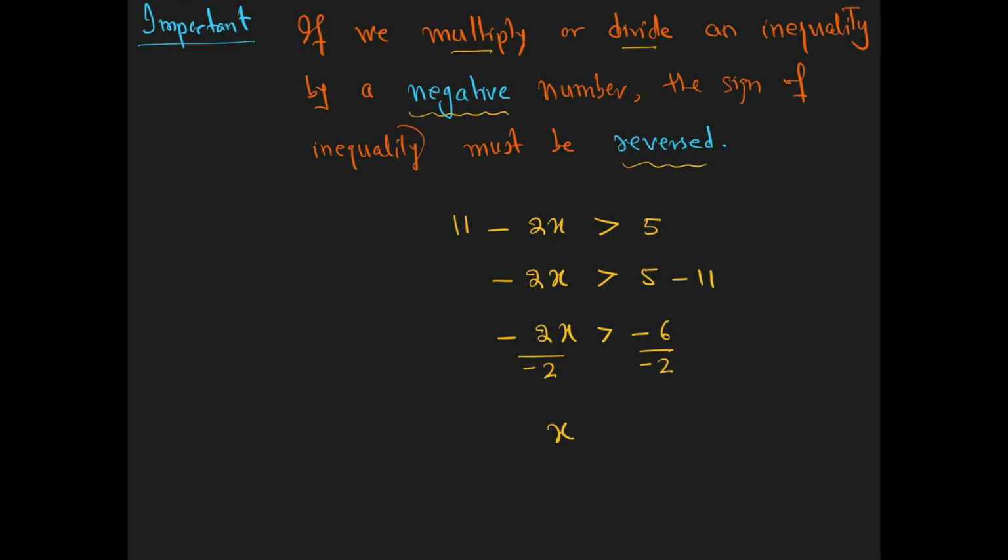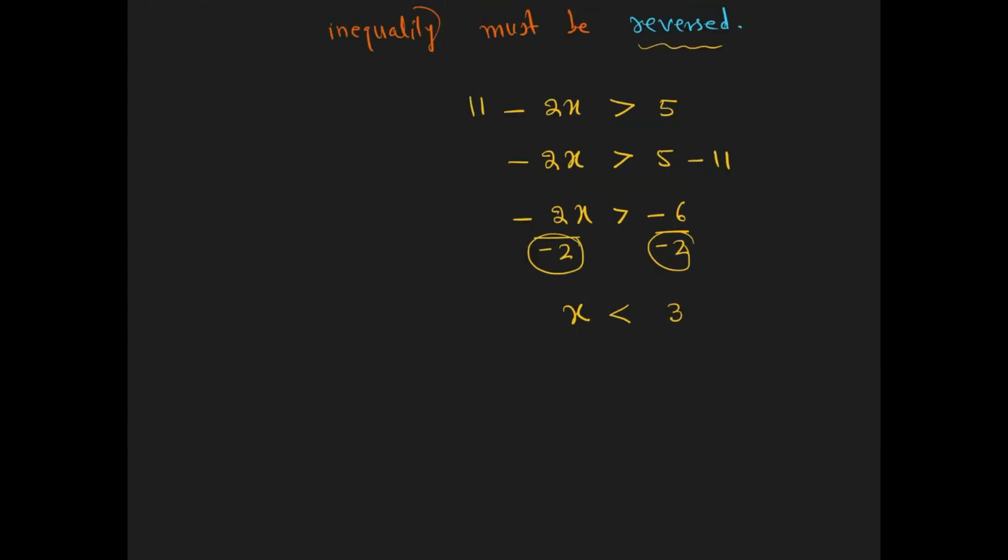So you will get x, and here we will get 3. As we have divided both sides of this inequality by a negative number, the sign of inequality will be changed. This is a very important point, and we have to always consider this while solving our inequalities.